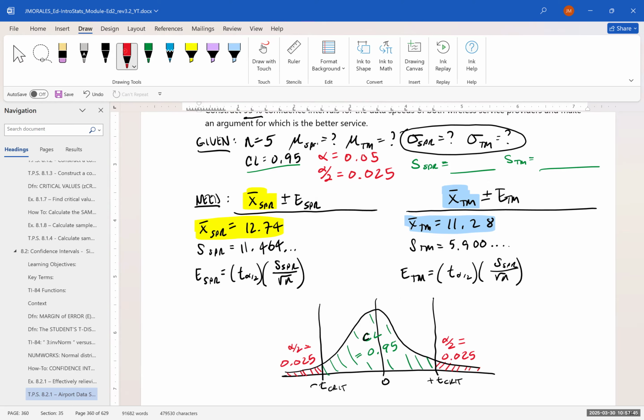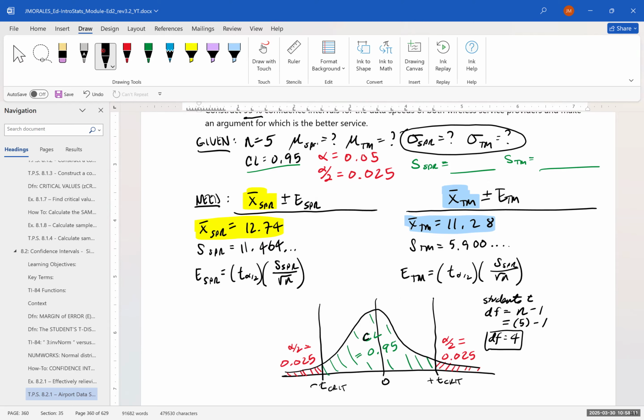All right. And since we're dealing with a student's t distribution, we need to calculate degrees of freedom. So degrees of freedom is equal to the sample size minus 1. Sample size was 5, so we're going to have 4 degrees of freedom.